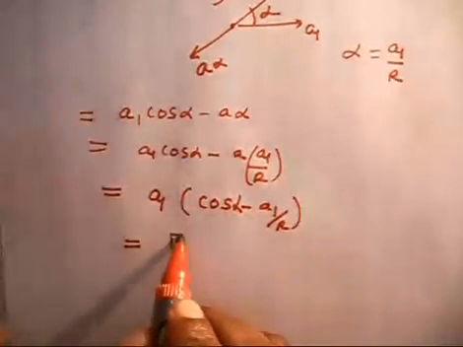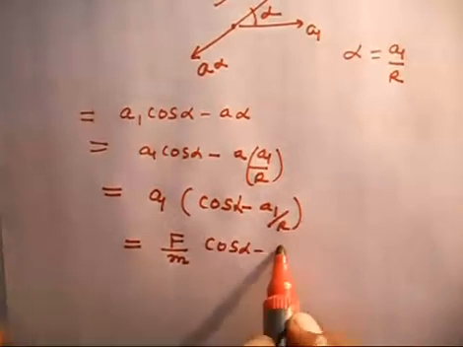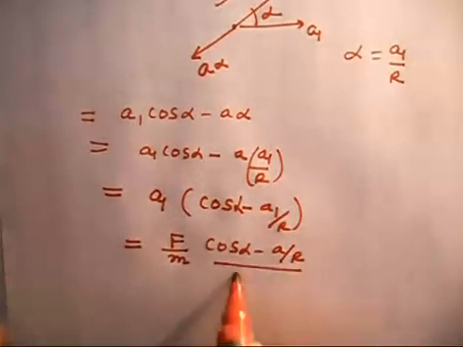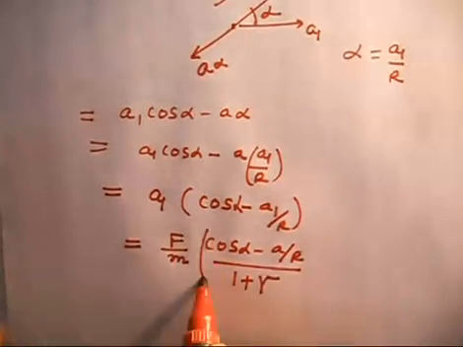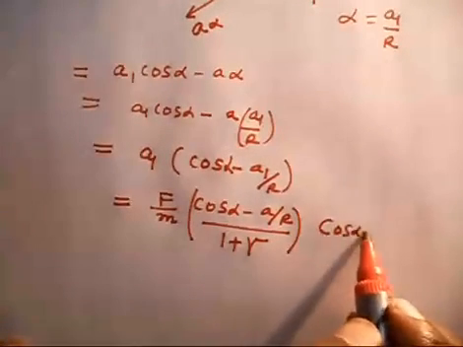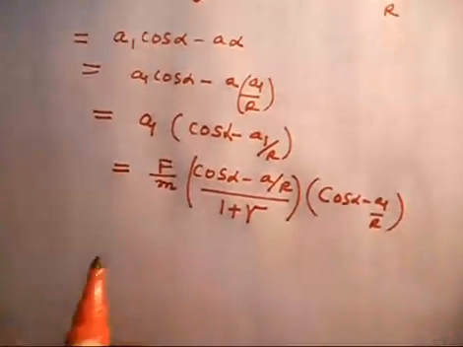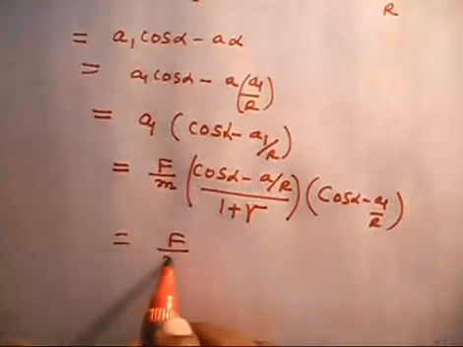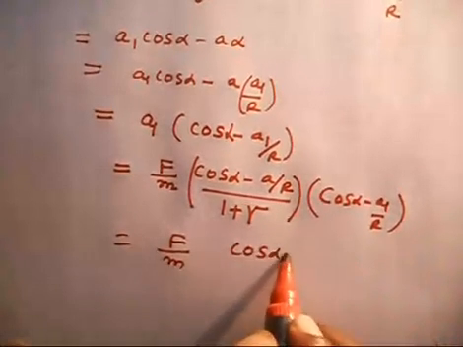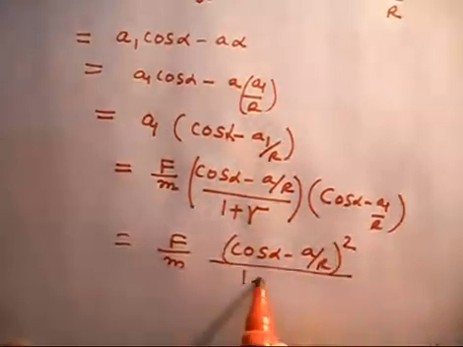In your copy, you will find a1 is F by m cos alpha minus a by r divided by 1 plus gamma. So this is your a1. Now you have to multiply by cos alpha minus a1 by r. Now cos alpha minus a by r 2 times, so I can write F by m cos alpha minus a by r whole square divided by 1 plus gamma.